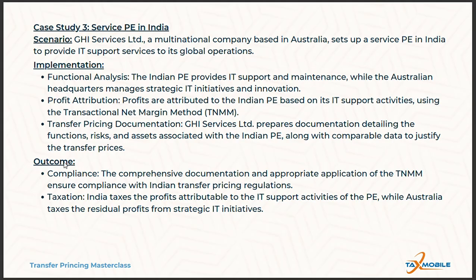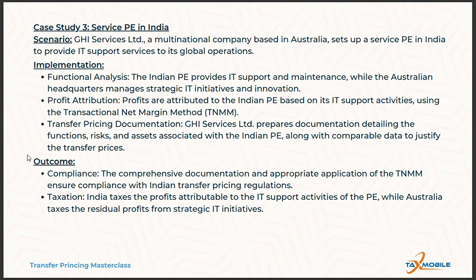Now, functional analysis is the first step. The India permanent establishment provides IT support and maintenance services, while the Australian headquarters is responsible for strategic IT initiative and innovation. So you need to first of all identify what the functional analysis is all about. Then profit attribution.